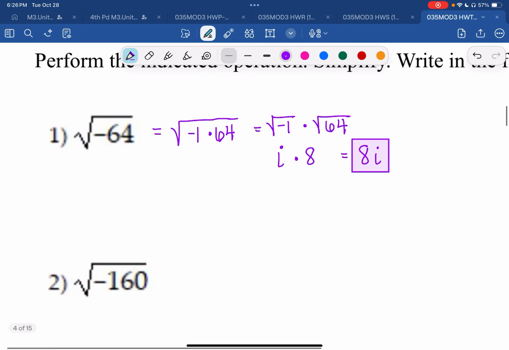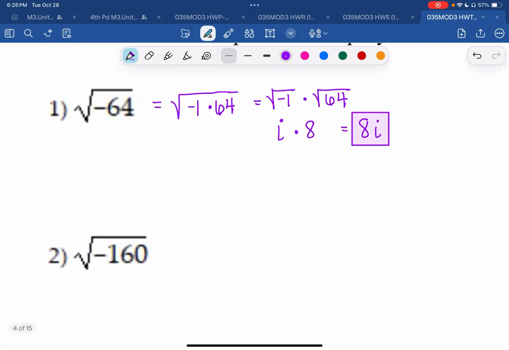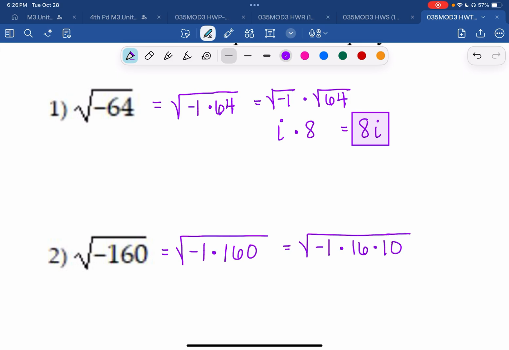All right, let's do the same thing with the next one. Again, I'm going to start by simplifying this and breaking it up. I first want to make that a -1, and then I'm going to think of this as 160. Now, 160 is not a perfect square, so I can continue to break this up a little bit more. I can say that's -1, and I can pull out a perfect square of 16, and then write that as 10.